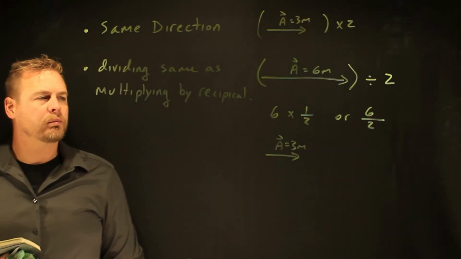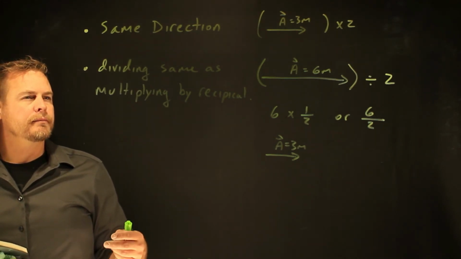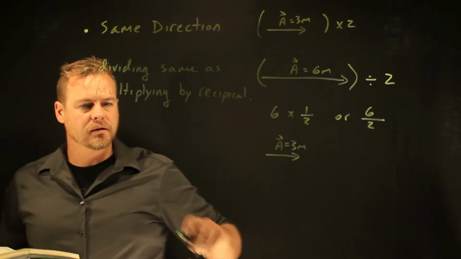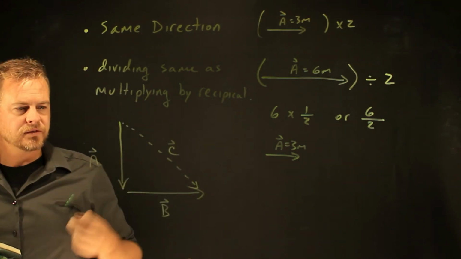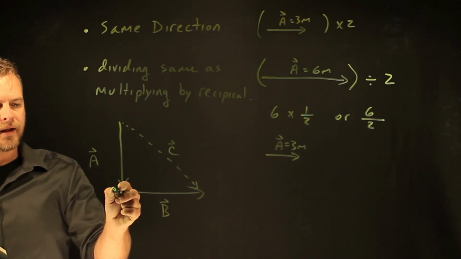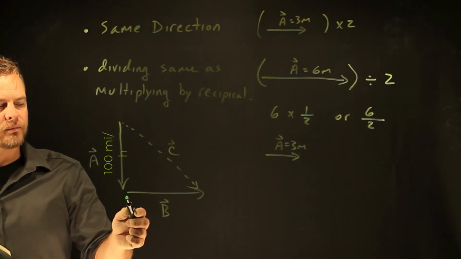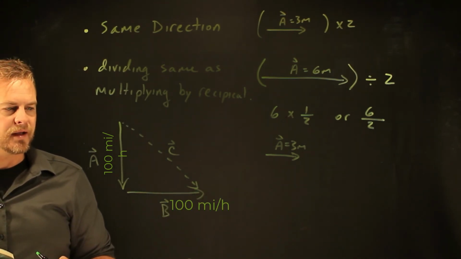If you are multiplying and dividing two vectors at the same time, so if you had an A and a B, so that two-dimensional problem we had, say these were airplanes. Airplane A was traveling this far at 100 miles per hour. Airplane B was traveling this way at 100 miles per hour.